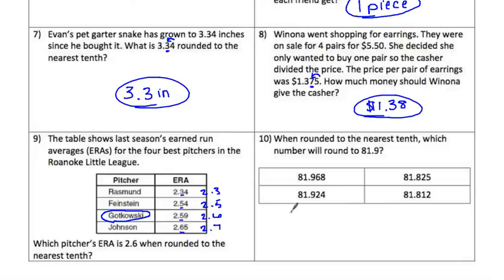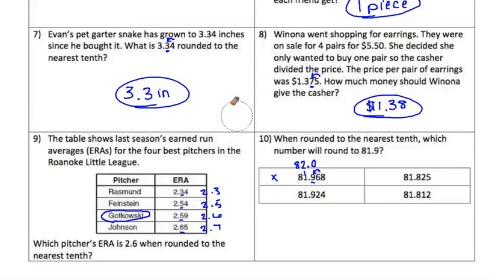And then the last one, when rounded to the nearest 10th, which number will round to 81.9? The 10th is the first place after the decimal. So the 6 rounds up the 9, which turns it to a 10, which gives me an extra 1 here. So this becomes 82. So that's not the answer.